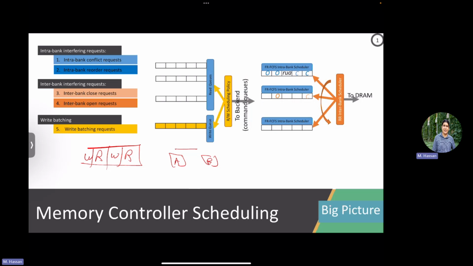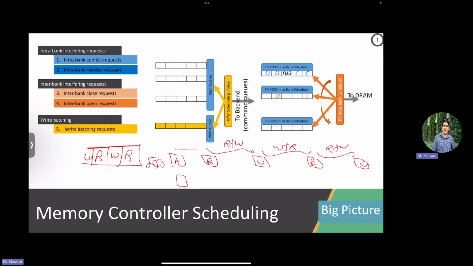If you want to do a write, you will suffer a very large delay. We call this the read to write switch before you can issue the write, and then a very large write to read switch delay before you issue the read, and another read to write delay before you can issue the write. So that is first come, first serve.